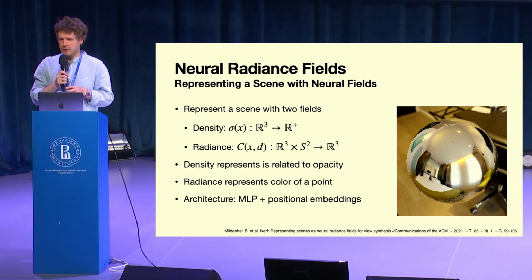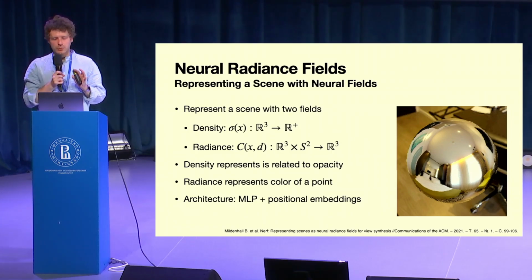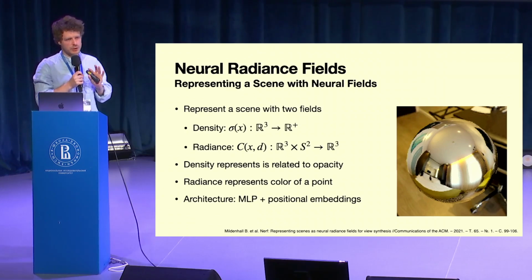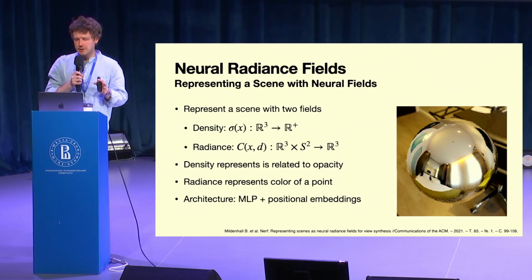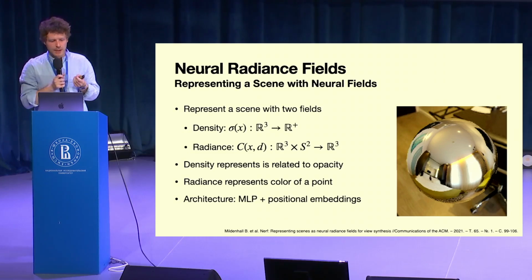Again, as I've told you before, we're going to represent the shape of our scene with a volumetric representation. We're going to define a function, which I'll refer to as sigma or density, that will take a spatial point and tell me how much of the light passes through this point. Is this point transparent or not?